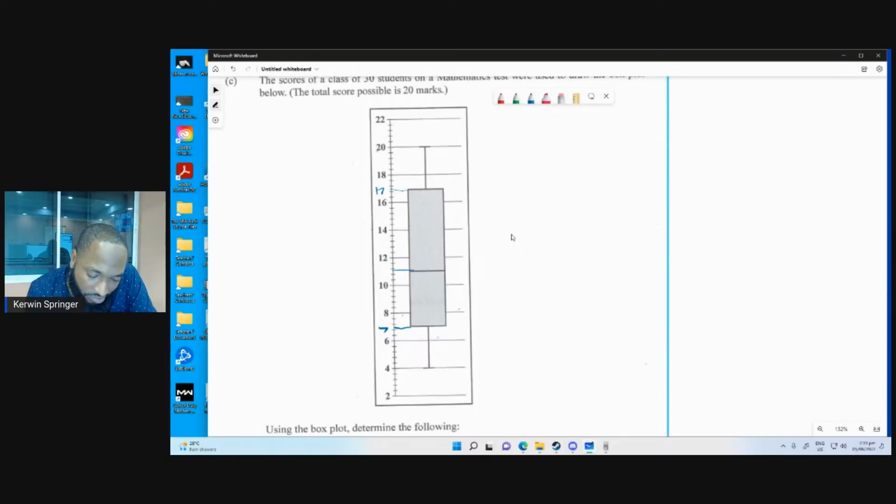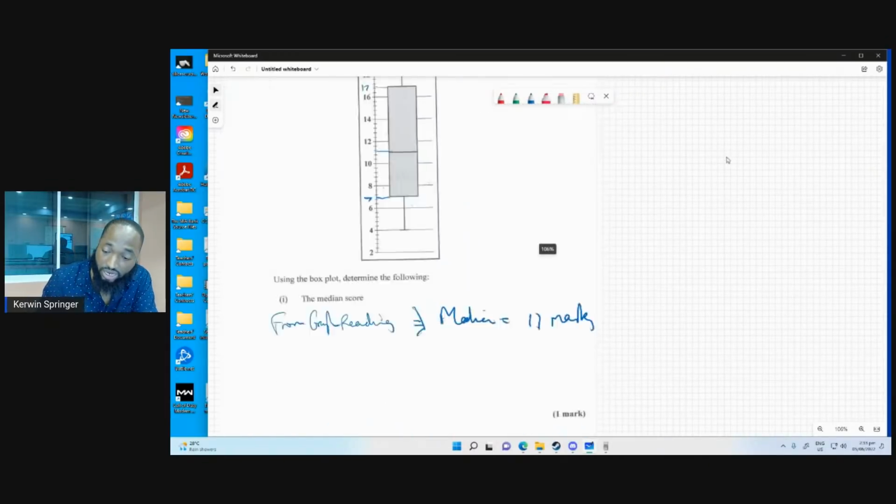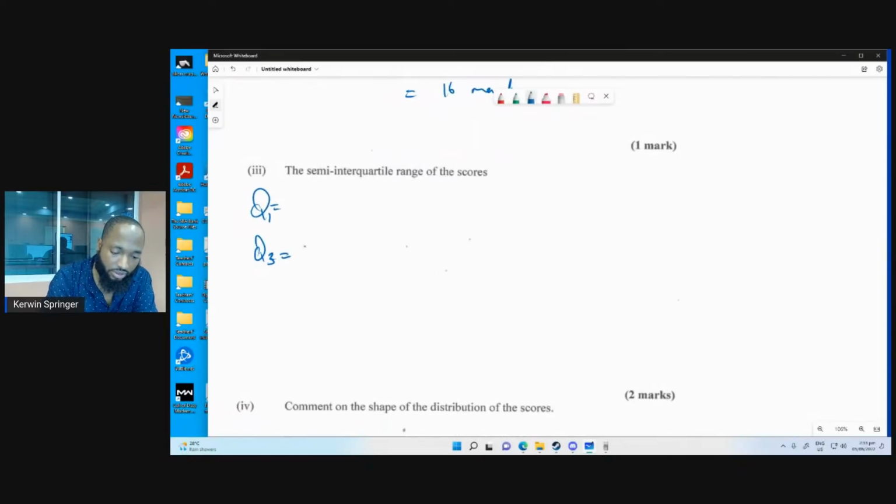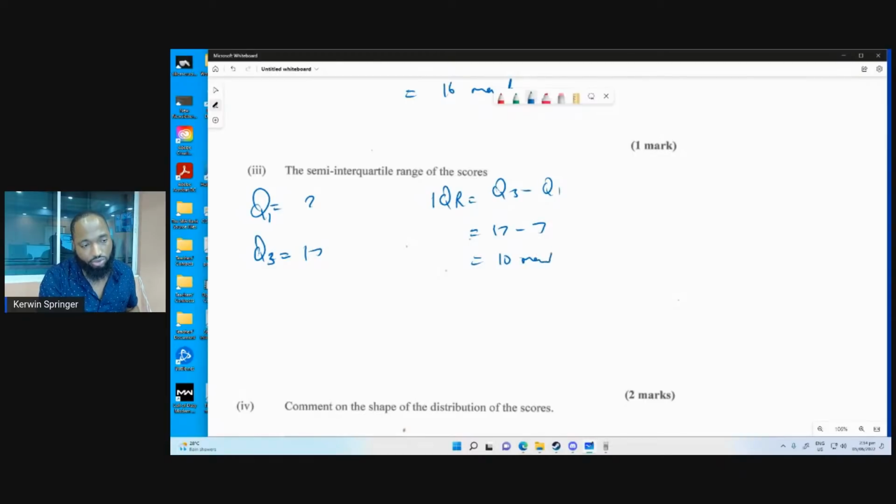The interquartile range is Q3 minus Q1, so this is 17 minus 7, which is 10 marks. And the semi-interquartile range is half of the interquartile range. Half of 10 is 5 marks.